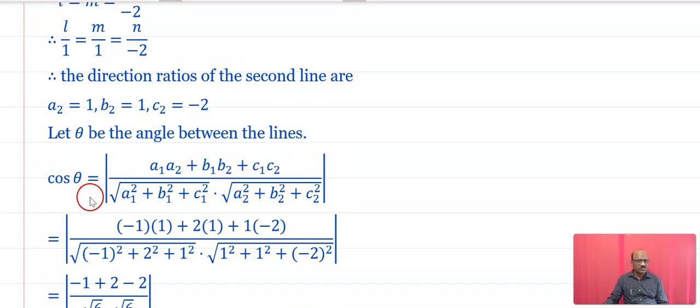Let theta be the angle between the lines. That is, cos theta equals a1 a2 plus b1 b2 plus c1 c2 upon root of a1 square plus b1 square plus c1 square into root of a2 square plus b2 square plus c2 square.